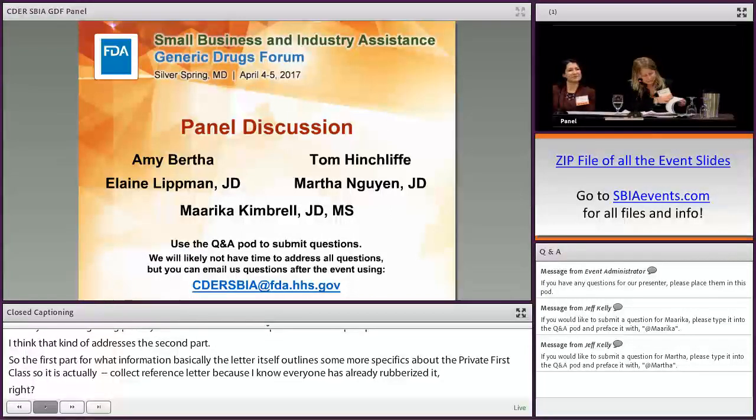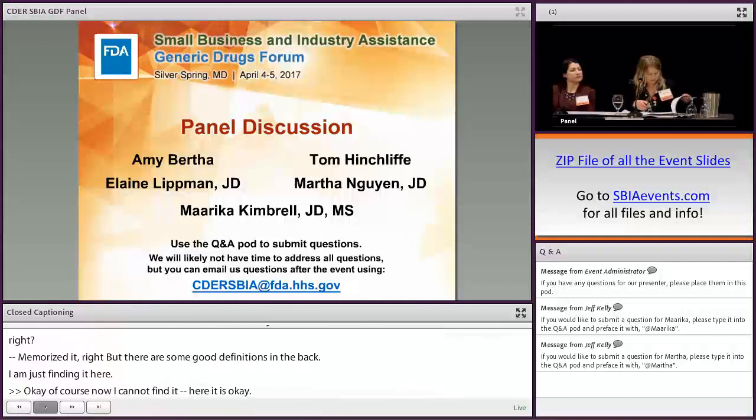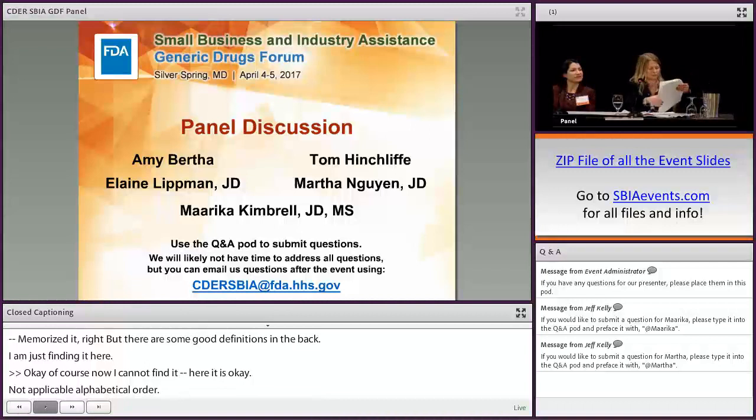So to address the second part, PFC actually is not related to complex products in that way. The PFC is really tied into getting priority review. So it can be a complex or a non-complex product.